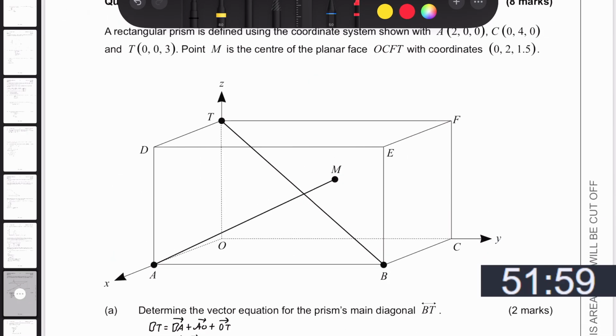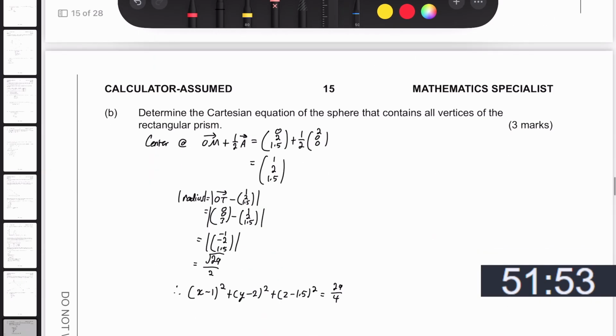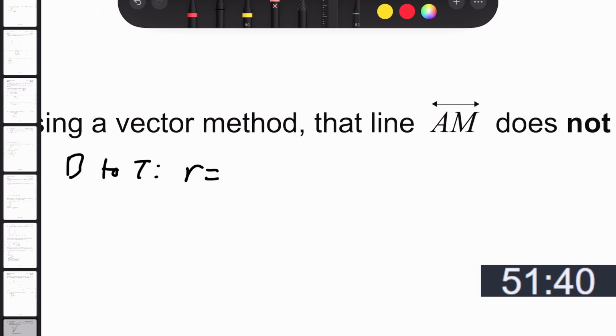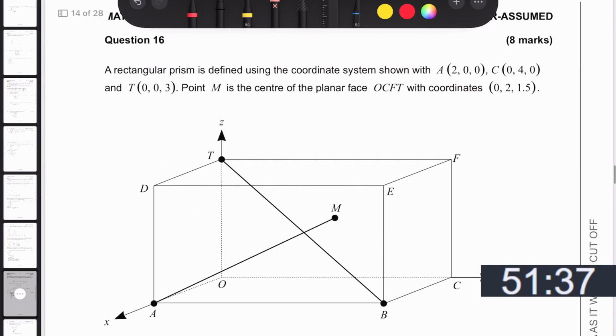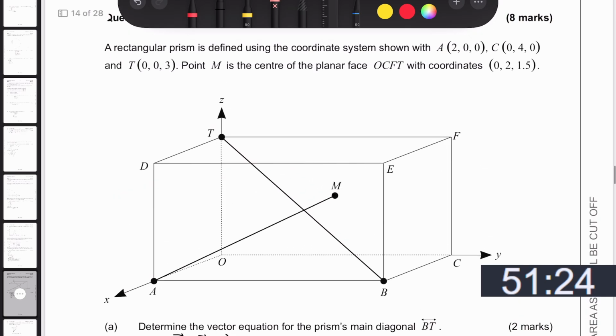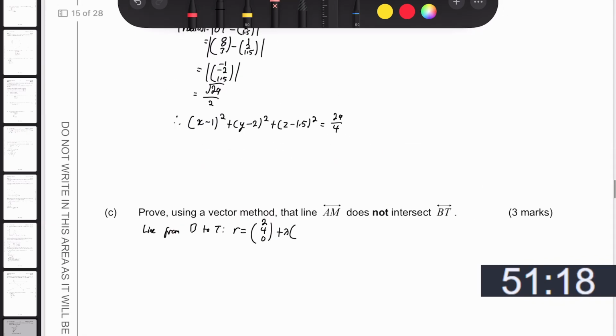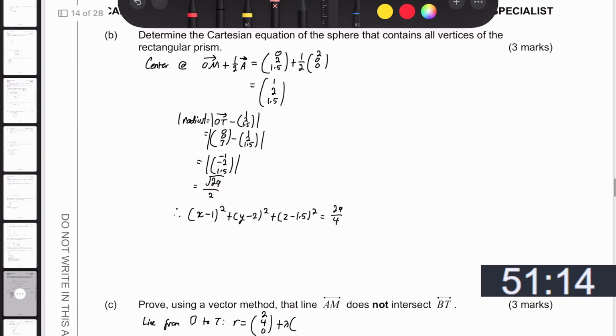So let's say the line from BT is going to be, so say r equals, now B is, O to B is 0, 4, 0, plus, let's say lambda of, now B to T was -2, -4, 3.